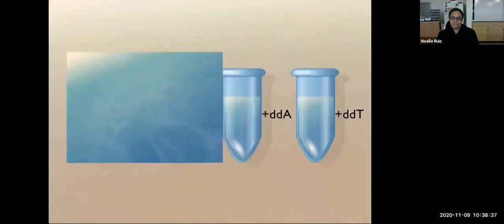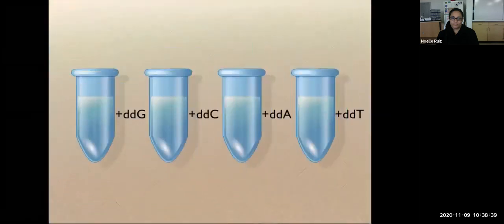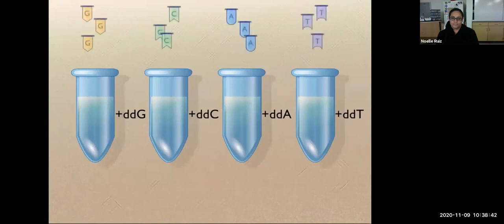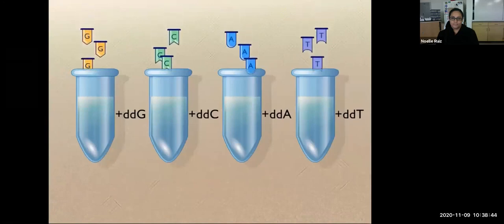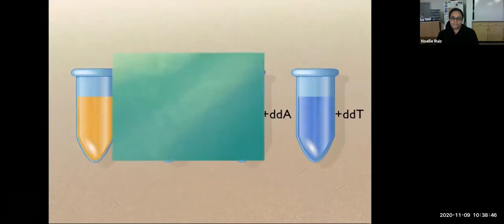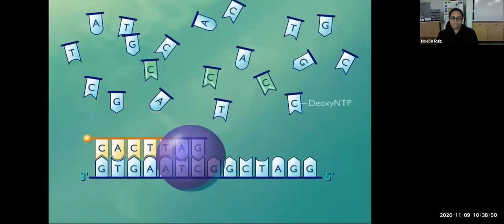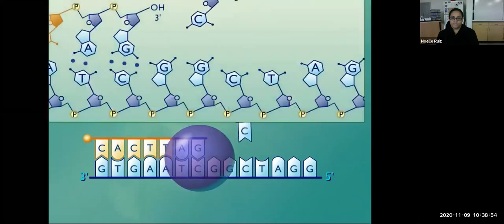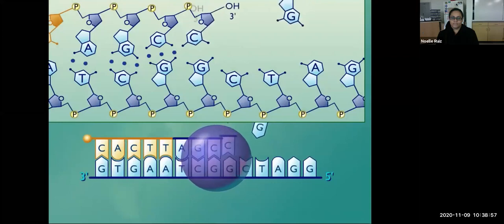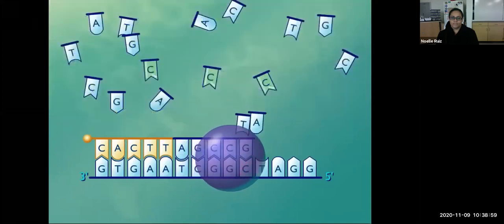Equal amounts of this reaction mixture are placed in each of 4 tubes, and a different dideoxyribonucleotide is added to each tube. When a deoxyribonucleotide is inserted into the growing chain, replication continues. However, when a dideoxyribonucleotide is inserted, strand synthesis is terminated.